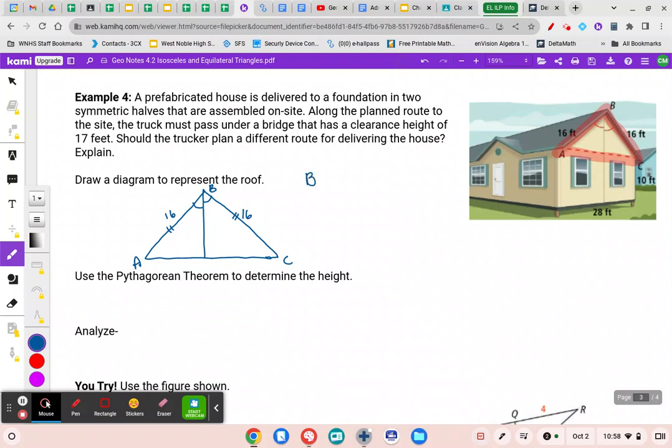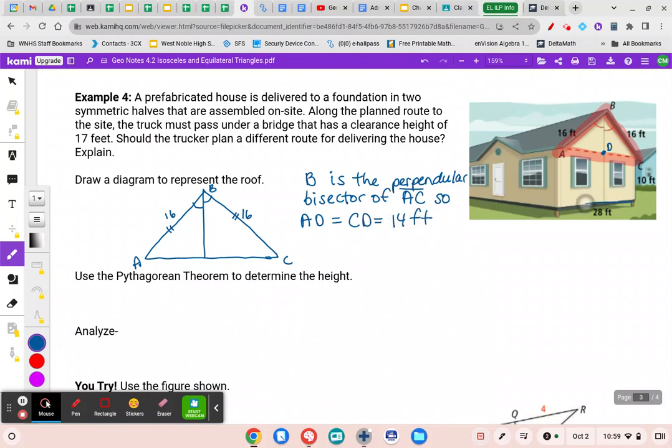So segment BD, we'll label this D here, is the perpendicular bisector of segment AC. So both AD and CD are equal to 14 feet.